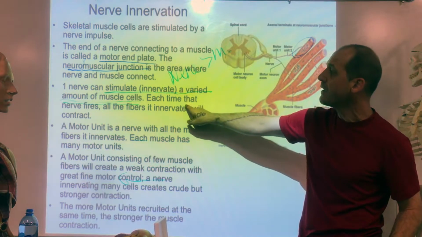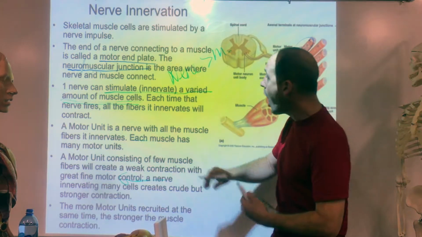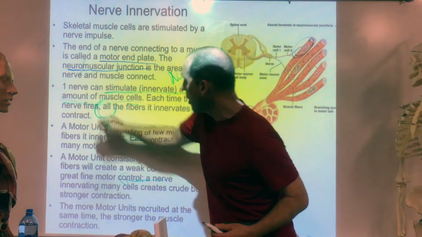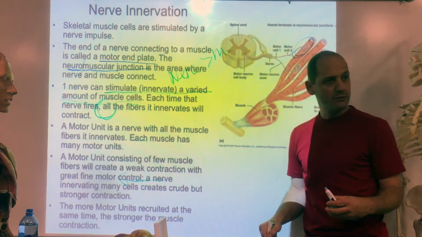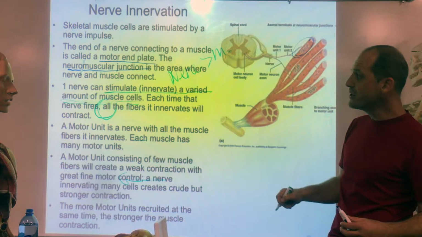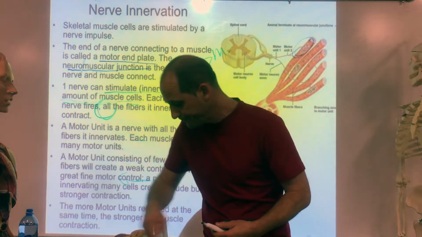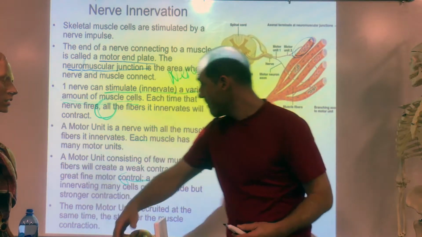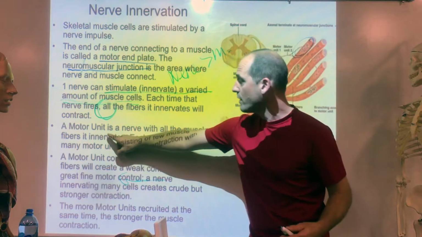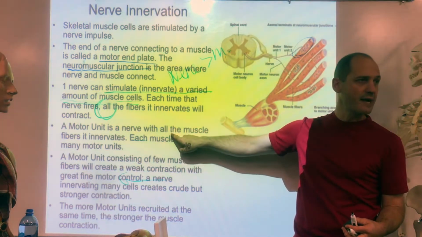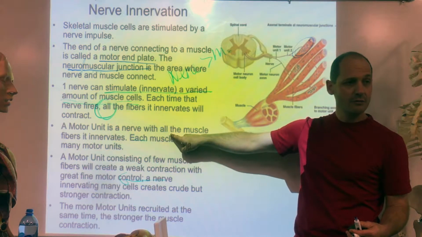So each time that nerve fires, all of the fibers that it innervates contract. A motor unit is a nerve with all the muscle fibers that it innervates.